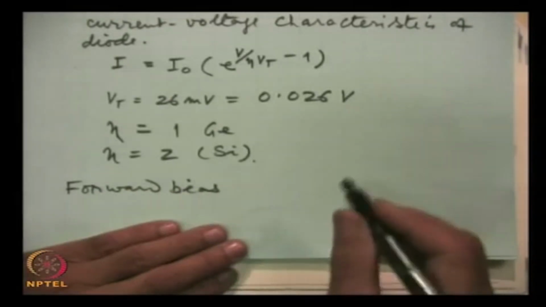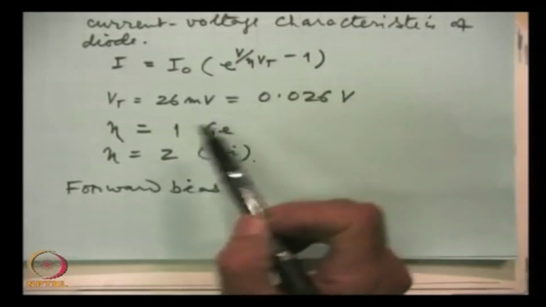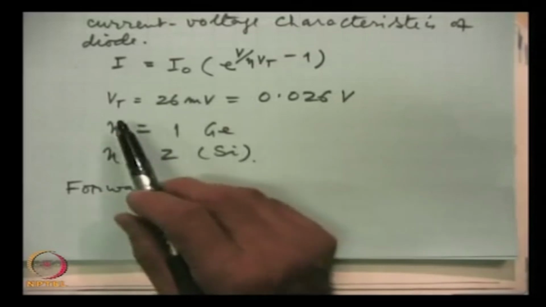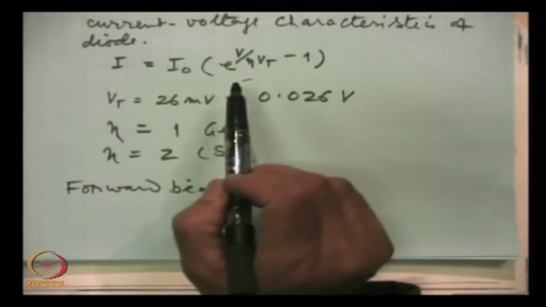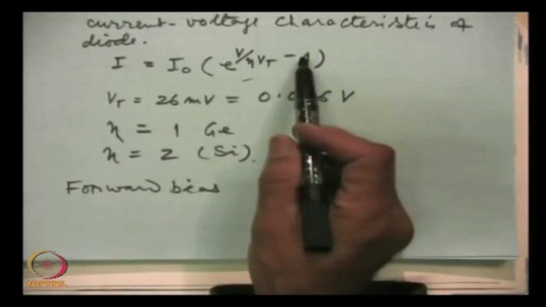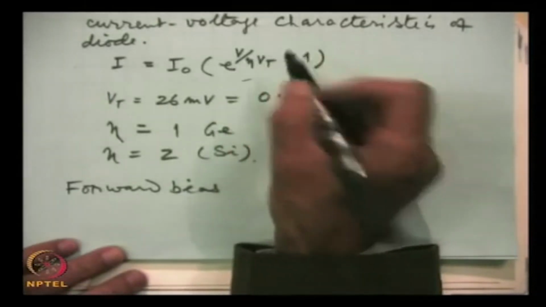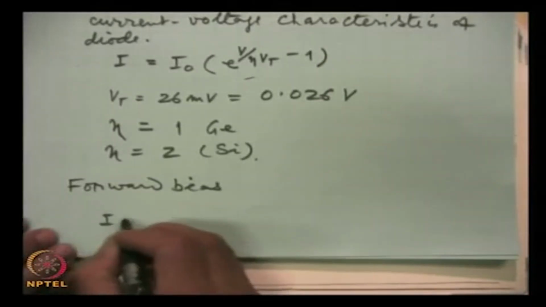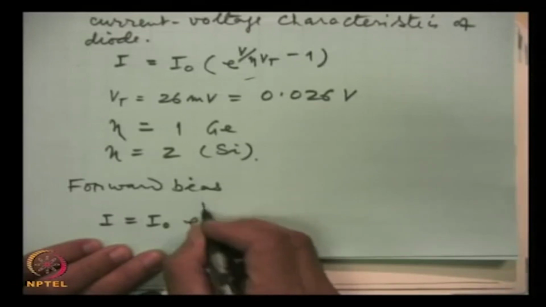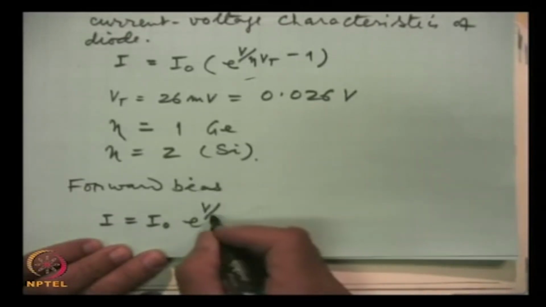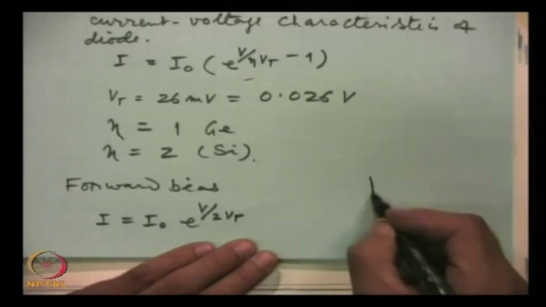You can see from here that when V, the applied voltage, is large compared to the volt equivalent of temperature Vt, then the exponential term will soon become very large and one can be dropped, and in that case the current will rise exponentially with the applied voltage, and the expression of course will become, if we consider a silicon diode, this.